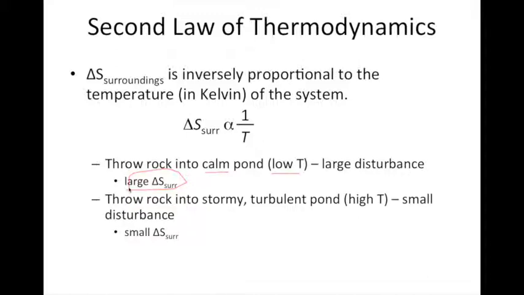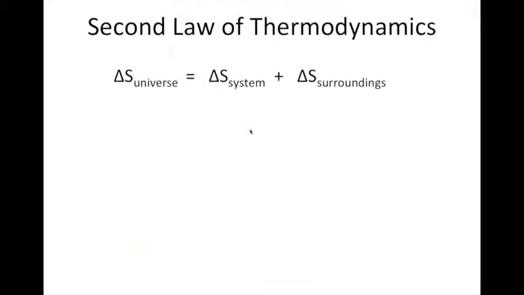However, if the water was very stormy and turbulent, which would represent the surroundings at a high temperature, and we threw that same rock, you would barely notice any change in the pond. So it would result in a very small delta S of the surroundings. So suffice to say, the change in entropy of the surroundings is related inversely to the temperature.